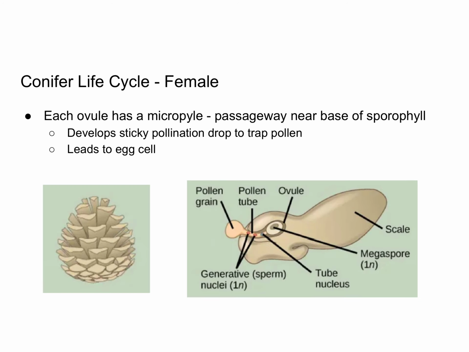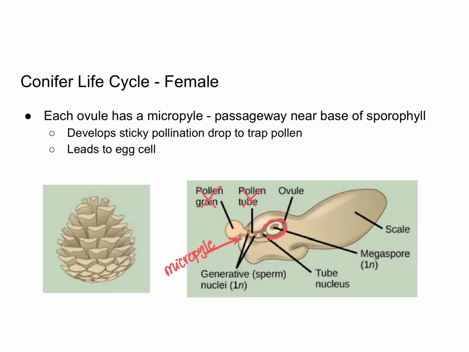Now, each one of these ovules has an opening near the base of the sporophyll. In this case, it doesn't have it labeled on here, but this opening right here, pretend like the pollen's not here yet, is called the micropyle. It's interesting because this micropyle develops a sticky pollination drop.